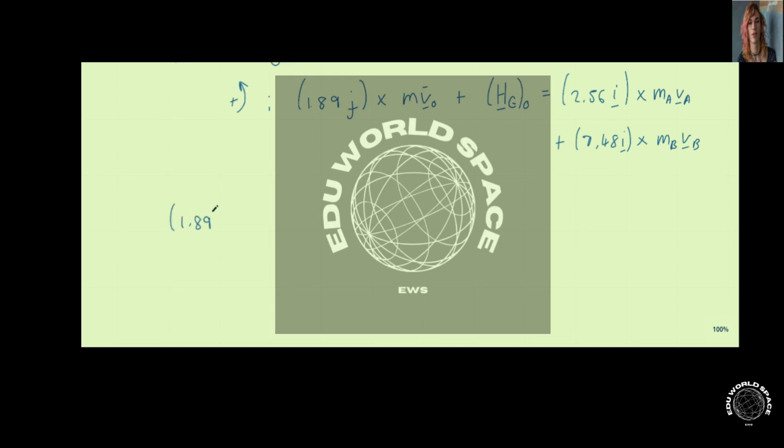We get 1.89 j cross with 3 into (2.4 i plus 1.8 j), which is v bar naught, plus 2/3 L squared omega k is equal to the right-hand side, which is 2.56 i cross with 2 times 5 j plus 7.48 i cross with 1 kg, the mass of B, times its velocity, 7.2 i minus 4.6 j.